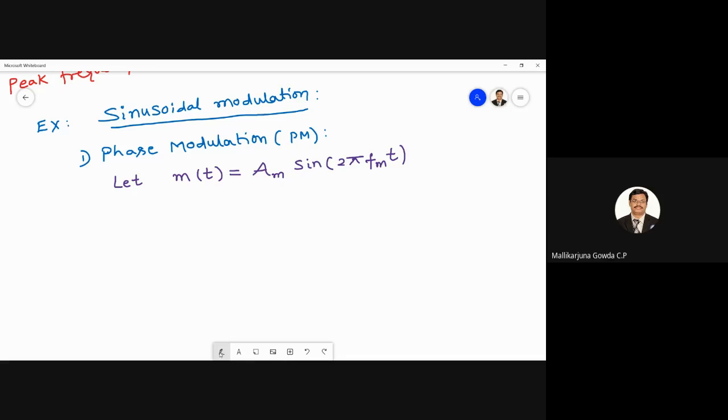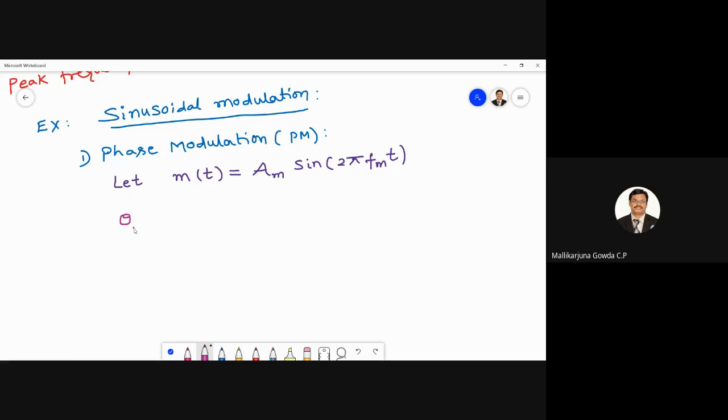What is the expression I have written for modulated phase? Anyone can say the modulated phase. Manoj, can you say what is the modulated phase? How can I write the modulated phase?